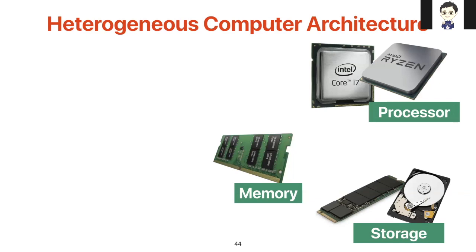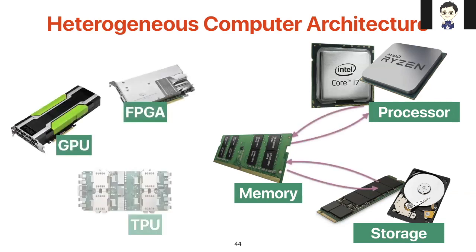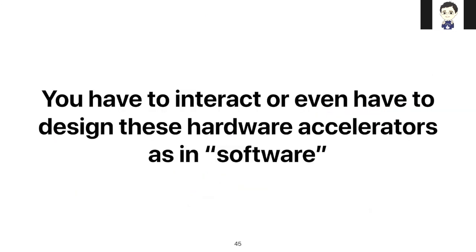In addition, every computer right now is becoming this way: in addition to the processor, storage, memory, and data, we also have FPGAs, GPUs, and TPUs in your computer. And being a software or computer engineer, you have to interact with or even design this hardware accelerator in software. That's why this class becomes really important.